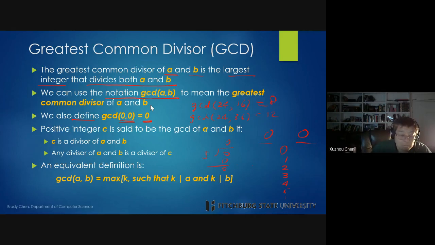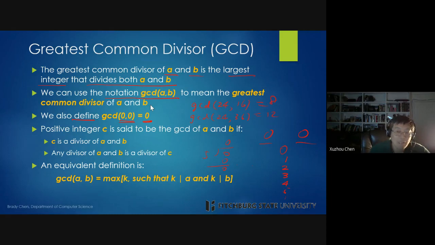So what do you think? You think 100 is the greatest common divisor? No, because 101 can divide both. And you can think 102 is a common divisor. No, 103 is also a common divisor. So there's no limit.